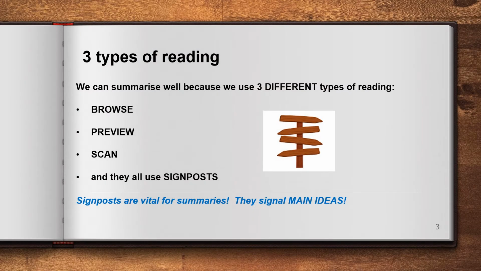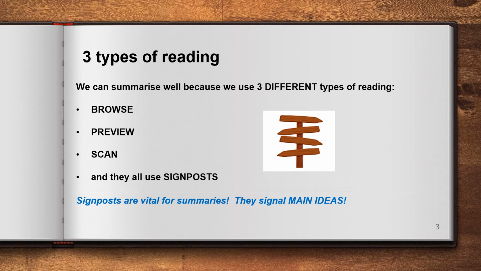So we can actually summarize well because we use three different types of reading. So we browse, which is when we just look through something, look through a website, flip through a book and see if we want to use it. Once we've actually chosen something that we want to read in detail, we then actually preview it.